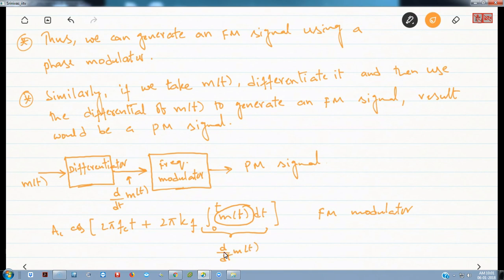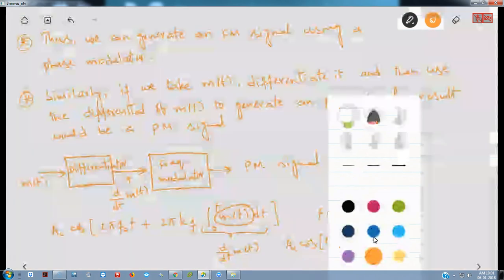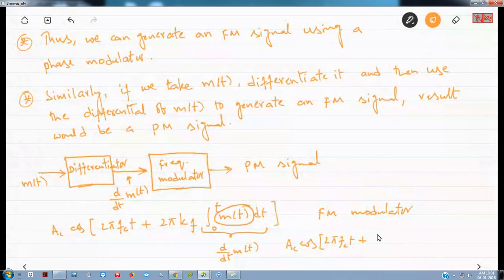So this differentiation and this integration get cancelled, and what we get is AC cos(2 pi fc t plus some constant k into m of t), which is a PM signal, right?